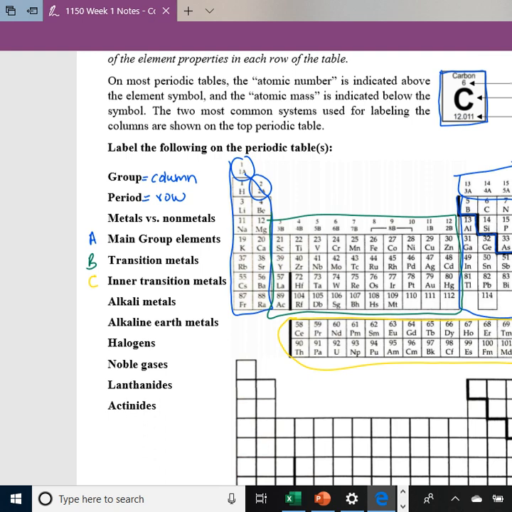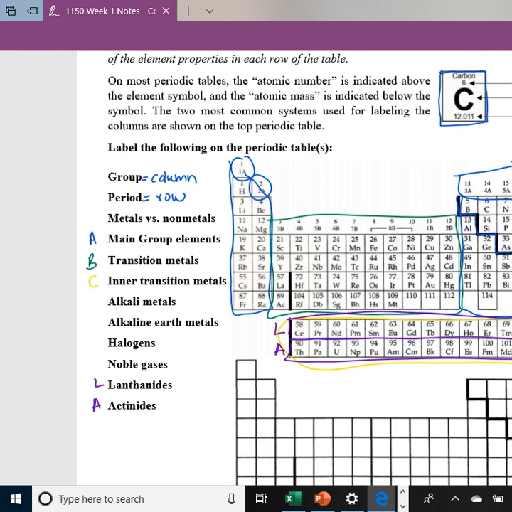So those are our inner transition metals, and we're going to break them down more. We have lanthanides and actinides. The lanthanides, L, are the top row of the inner transitions, and the actinides are the lower row. So these are all the actinides, and then these are all the lanthanides.